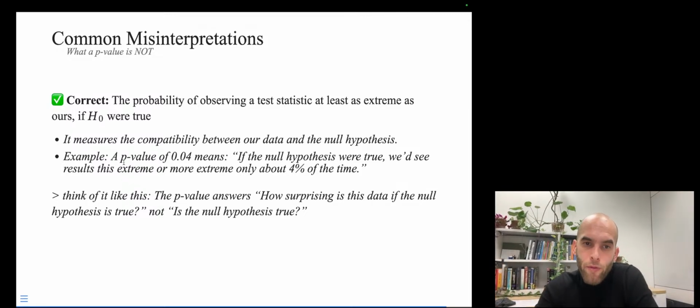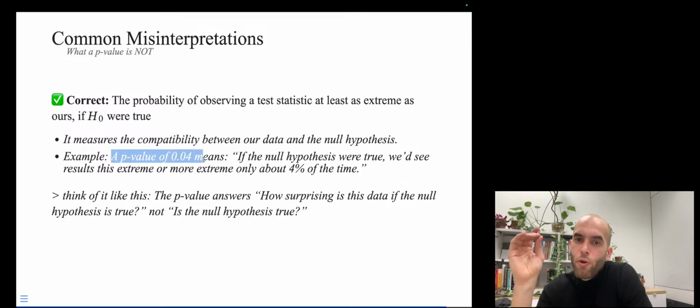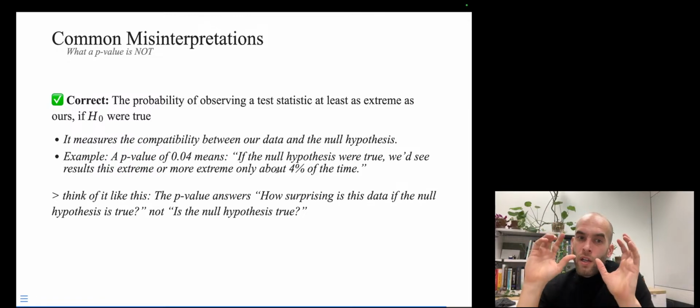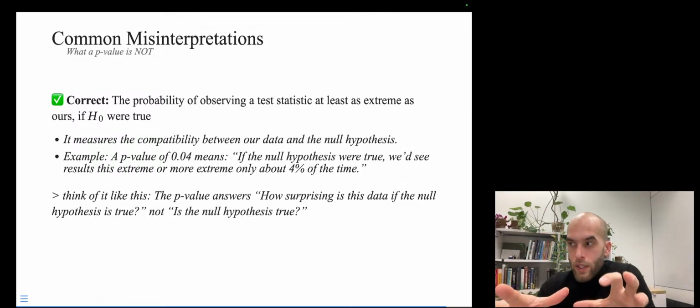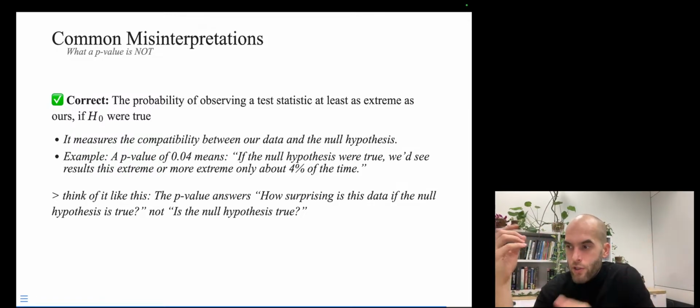So the example I have written in the slides is, if we have a p-value of 0.04, it means under the assumption that the null hypothesis is true, we are going to see, just through random variation, our sample or something more extreme 4% of the time.